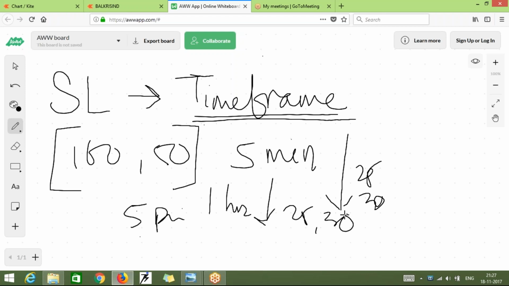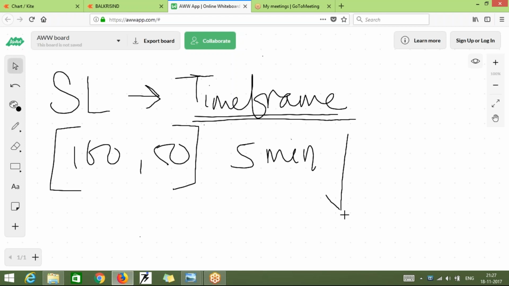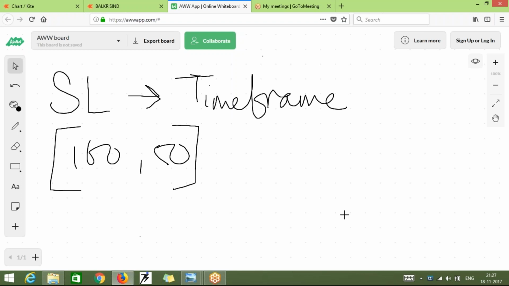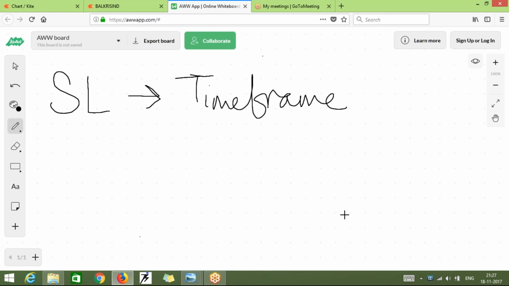So this is the problem which arises in placing SL. The first problem is time frame. You can see how ATR is taking all these problems into consideration and has built up a formula. And the second problem is volatility.